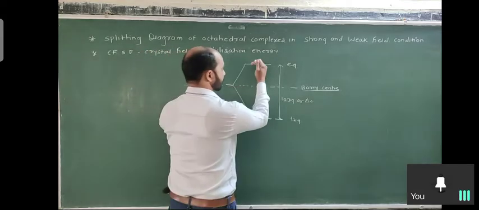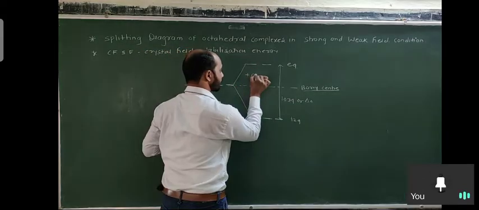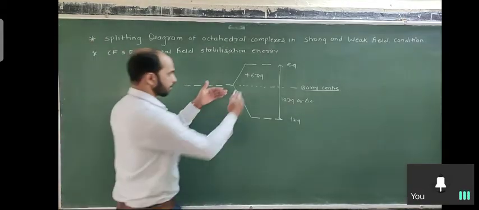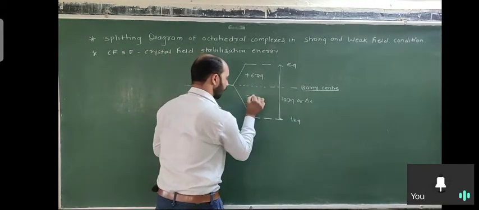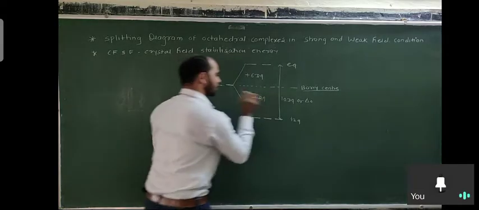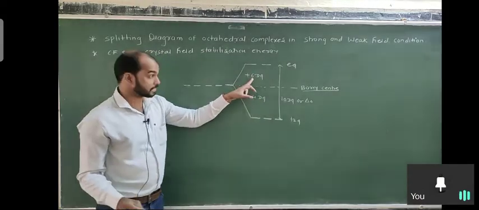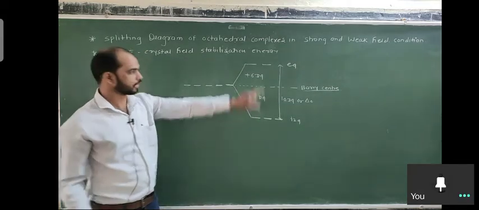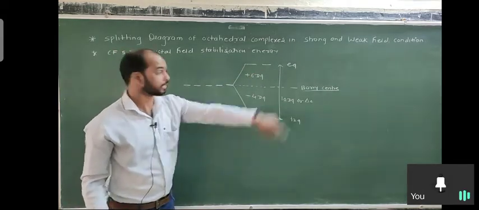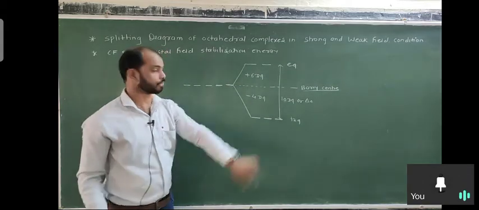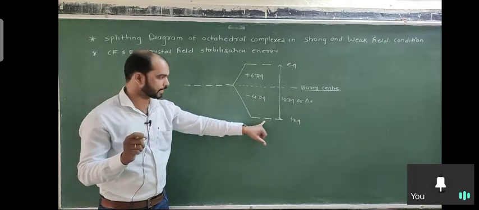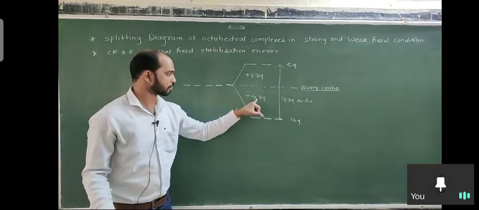Above the barycenter, it has plus 6 Dq, and below the barycenter, it has minus 4 Dq. That means each electron in the Eg set contributes plus 6 Dq. Each electron in the T2g set contributes minus 4 Dq.